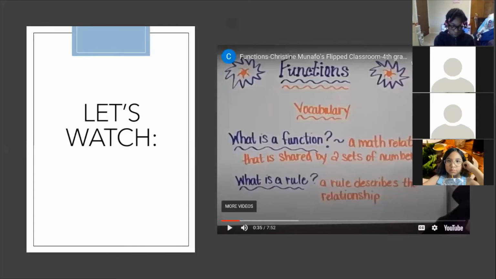All right, guys, you have about 1 minute and 30 seconds left to copy. If you are just joining this session, please write down the 2 vocabulary words, function and rule, and their definitions. About 1 minute remaining.